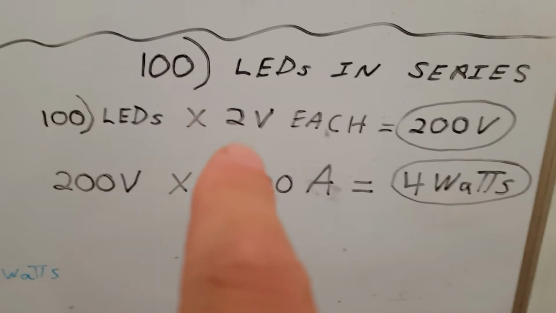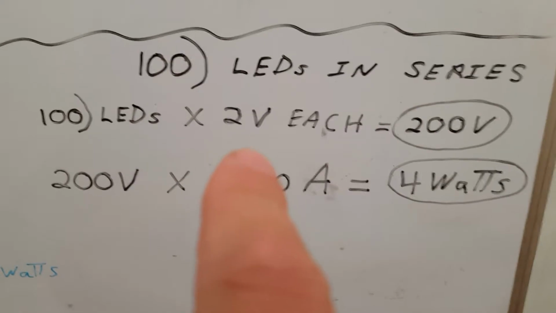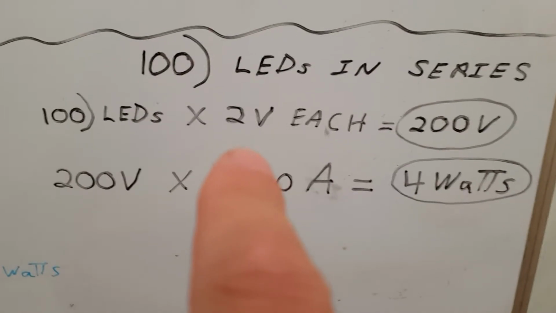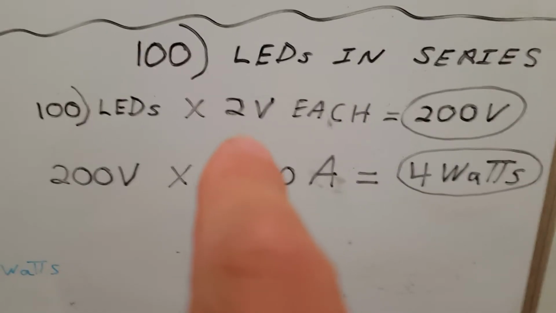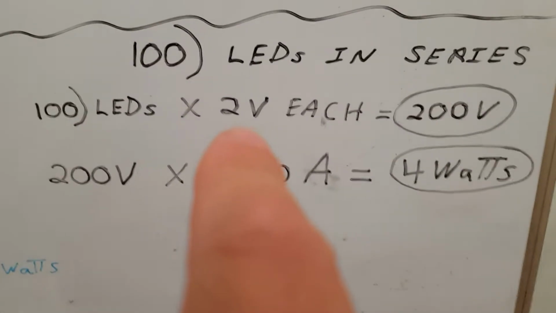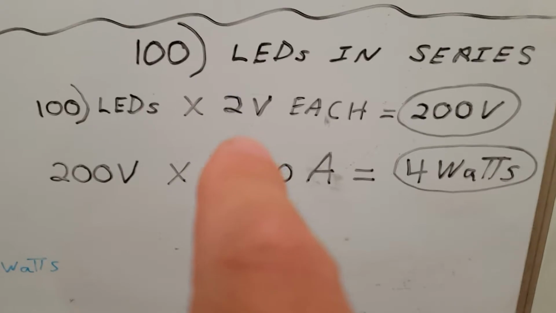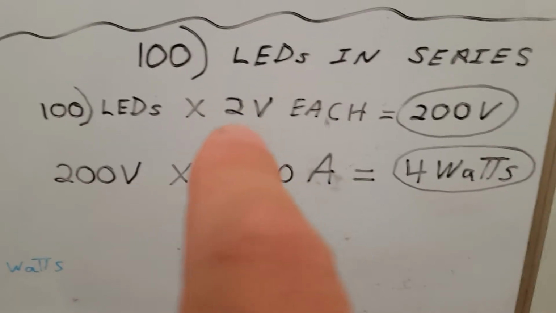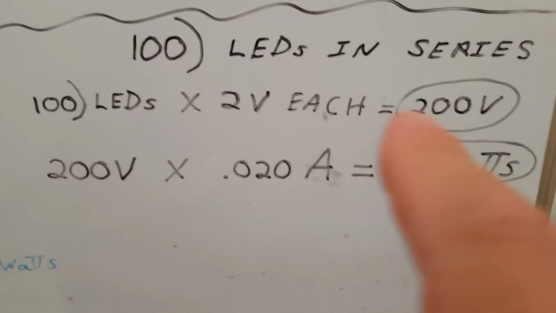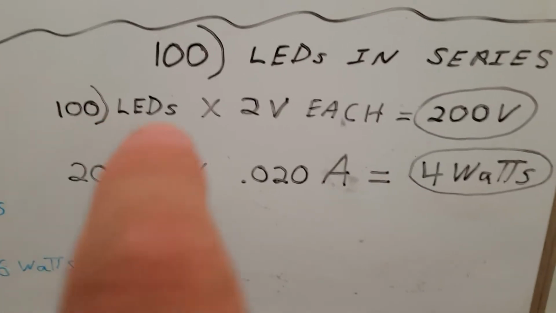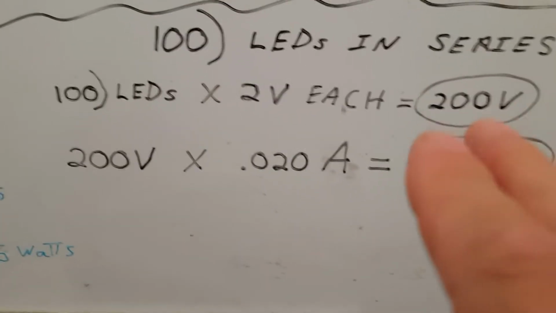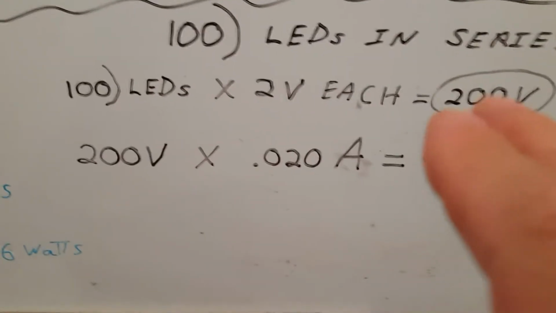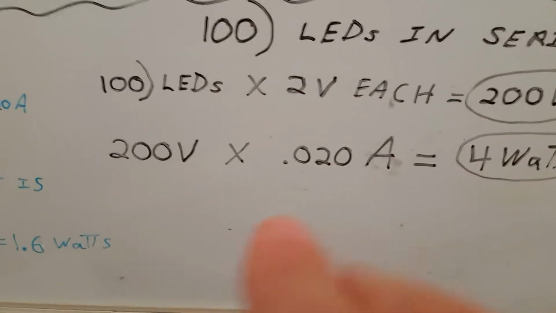Now I'm positive from my hundreds of experiments that I've probably got close to 2.5 volts across each of those, at least 2.4. But let's say 2 volts minimum. So 100 LEDs times 2 volts, that's 200 volts minimum. I'm sure I have more than that, but let's assume the lowest thing.